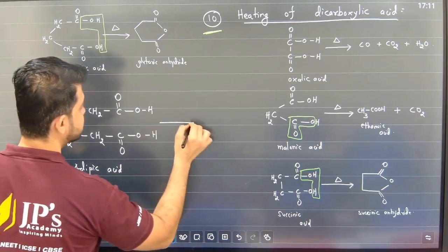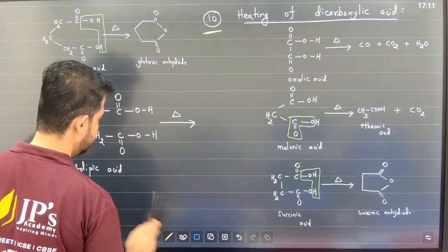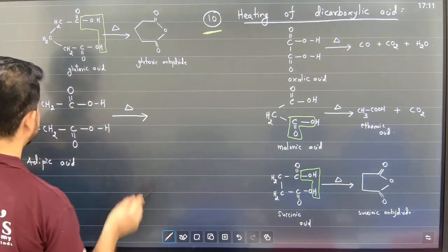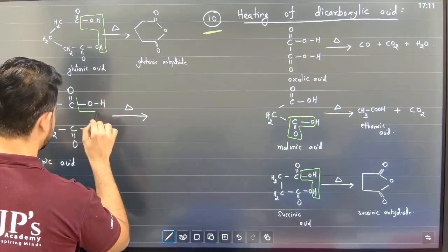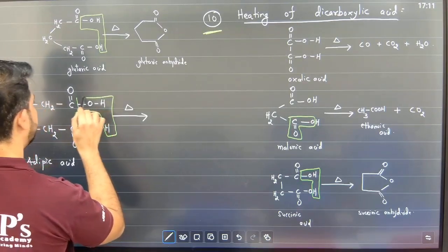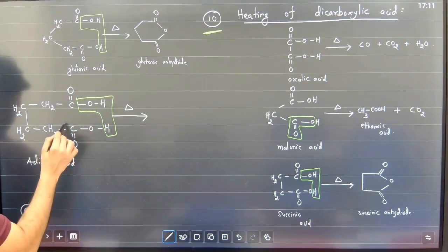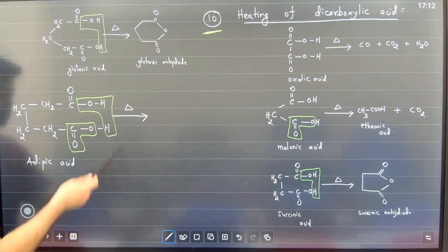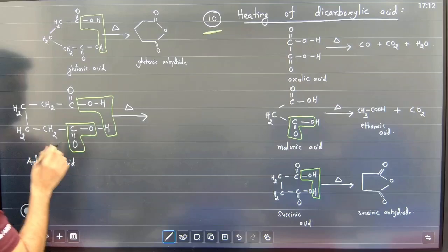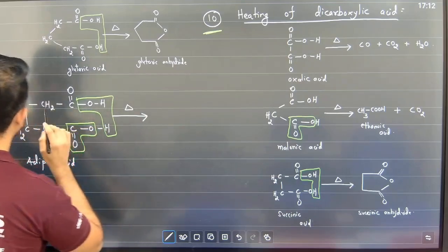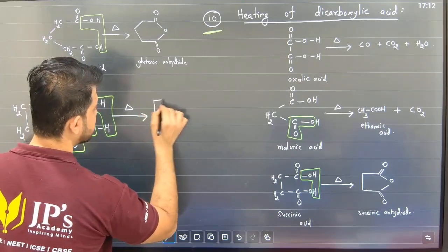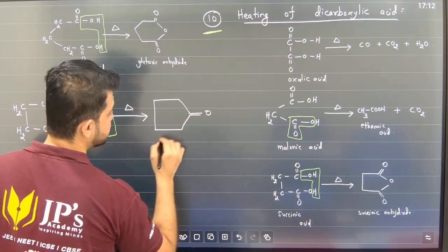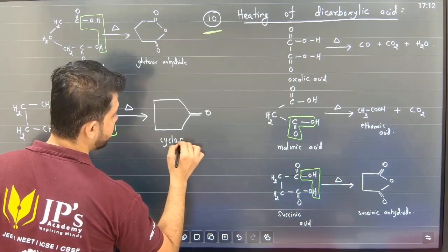Now adipic acid, students, on heating, ये आपने dehydrate किया and you remove CO2 भी. So dehydration भी हो रहा है, decarboxylation भी हो रहा है, and what we get here is cyclopentanone.